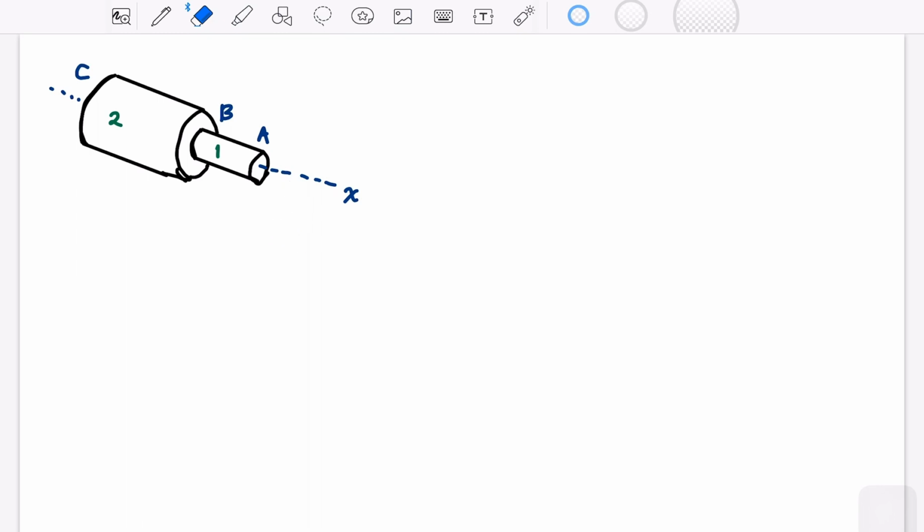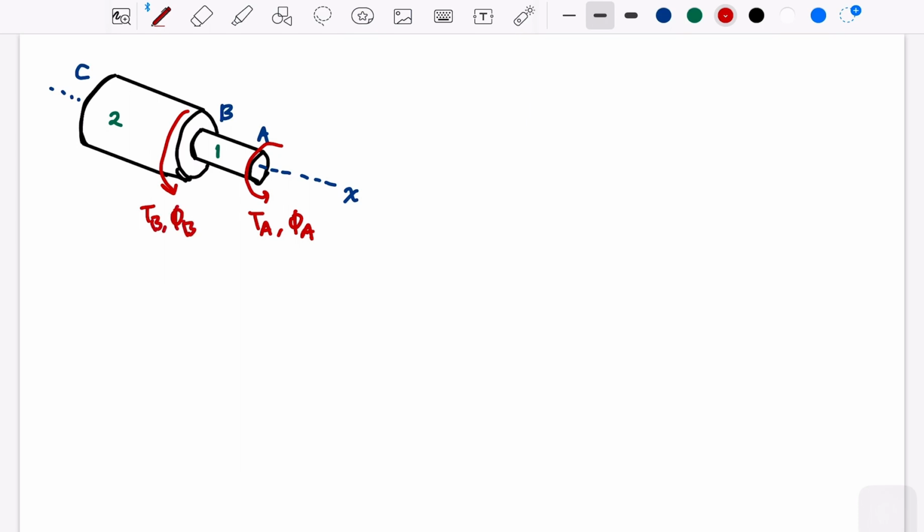Maybe let me make it closer. TA with the angle A. This is TB with the angle B. And we have distance L2 and L1.